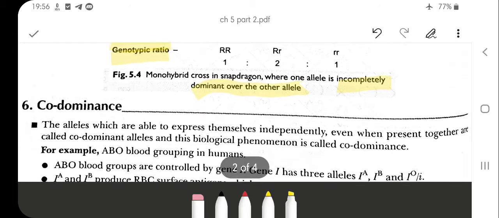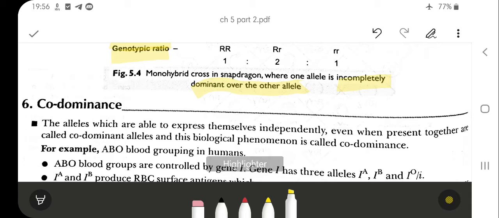Opposite to that, we have one more phenomenon known as codominance. As the name indicates, codominance is the phenomenon when two alleles of a gene are equally dominant, in which both the genes express themselves completely. So what is the difference?